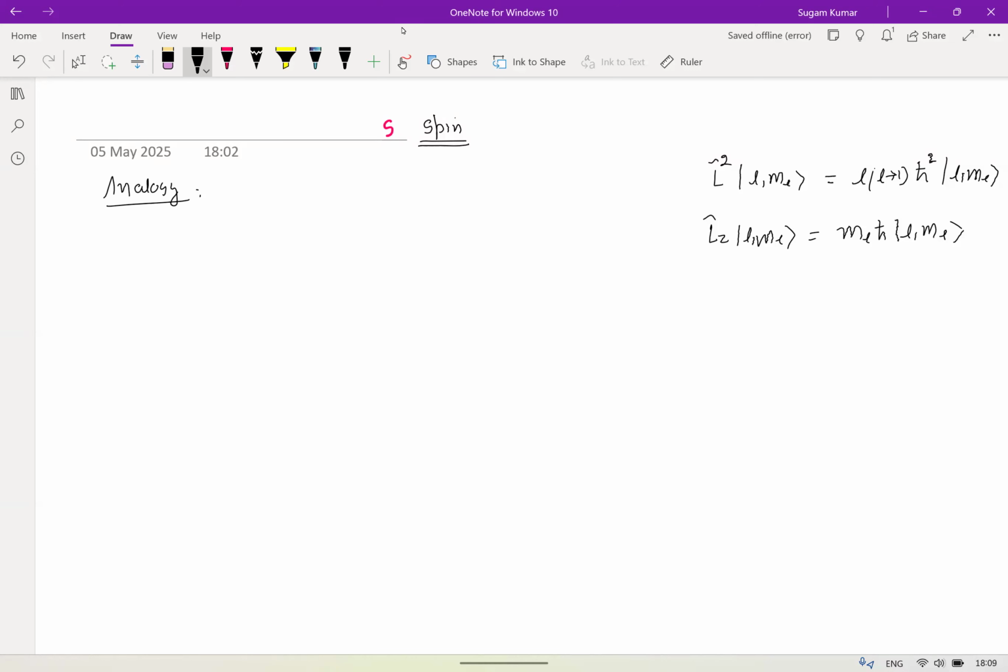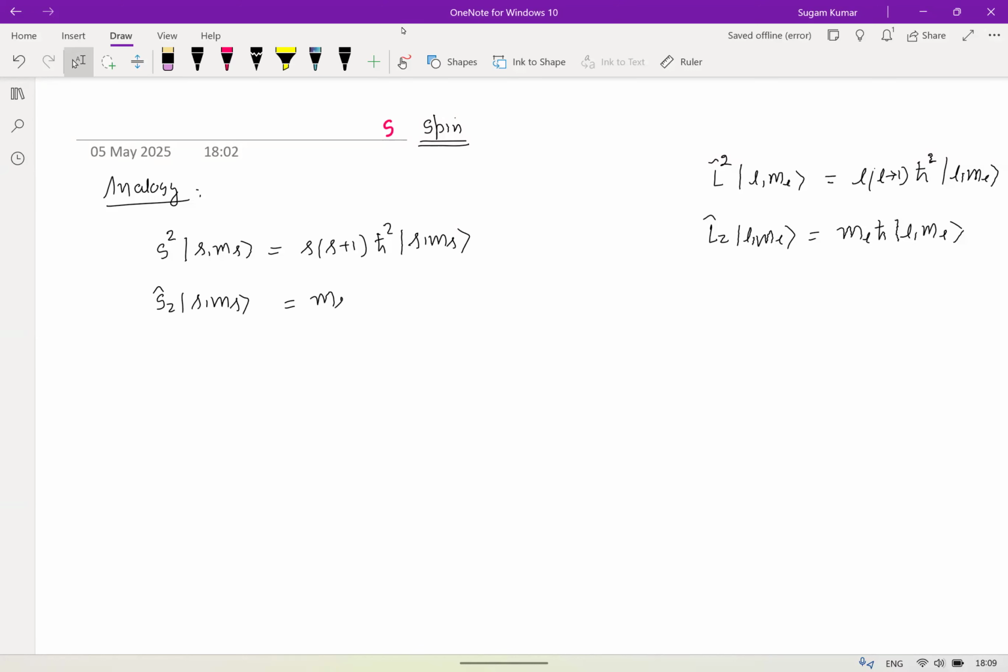In the spin also, we have an operator like S², and the corresponding eigenstate I can represent as |s, m_s>. So accordingly, S² is going to be s(s+1)ħ². And the same way, I can define the Z component of the spin.